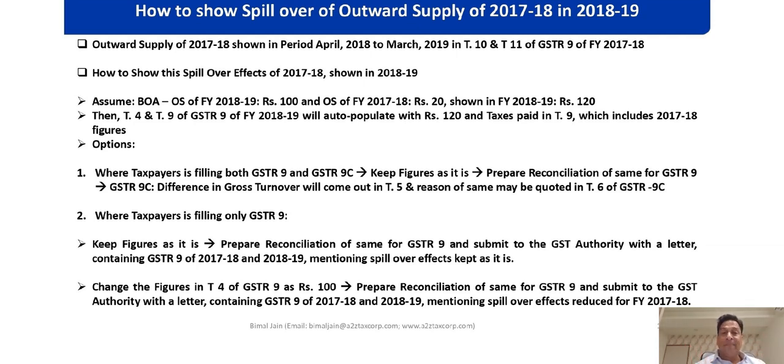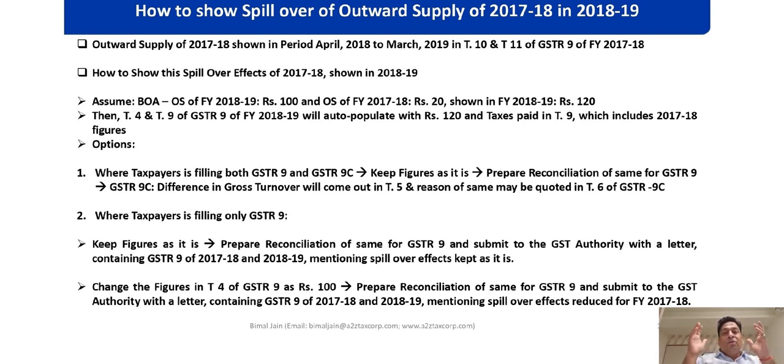Second way could be, you may reduce this 20 rupees in table 4 of GSTR-9 of 18-19: auto-populated 120, reduced by 20 pertaining to 17-18, gives 100.